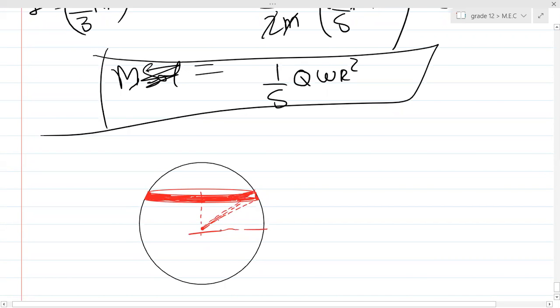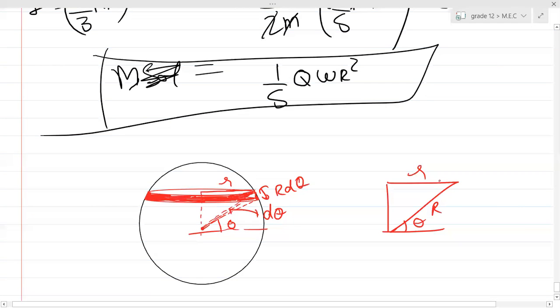At an angle theta, small element d theta, because of which this becomes r d theta, and this radius is small r, this is capital R, so a triangle forms with small r and capital R. Anyways, these were the tools to carry out this integration.